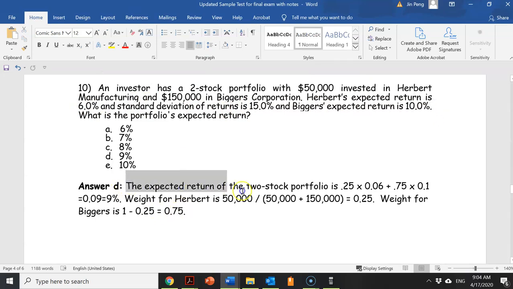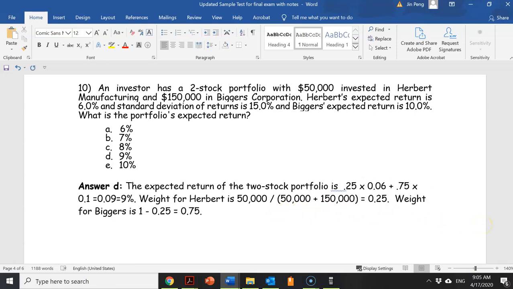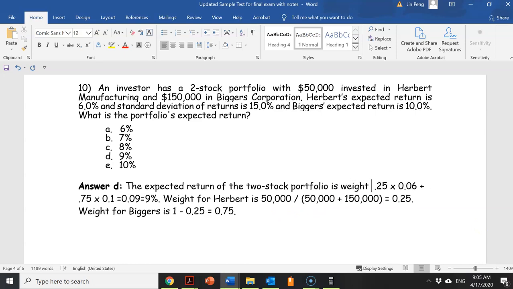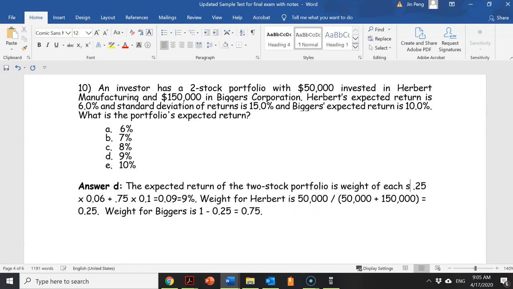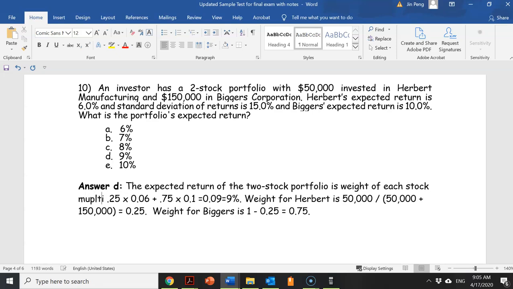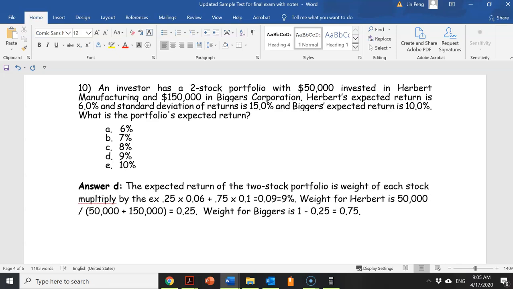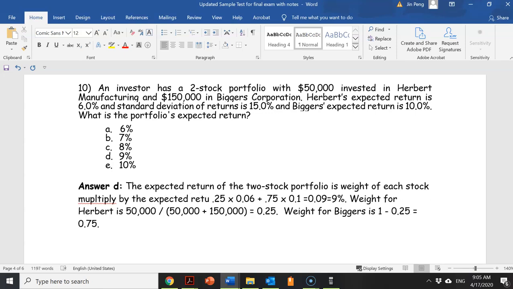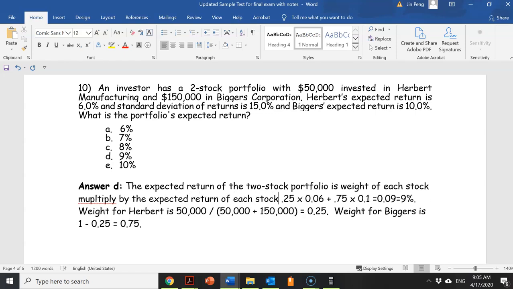Remember, the expected return of a 2-stock portfolio is the weight of each stock multiplied by the expected return of each stock, and add them up.